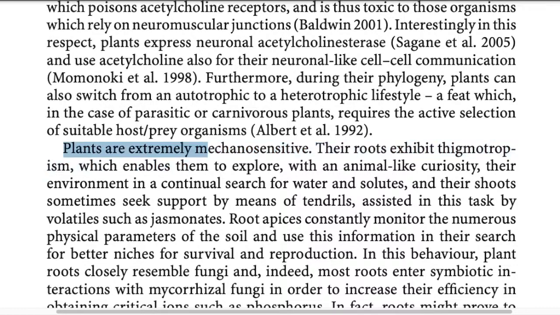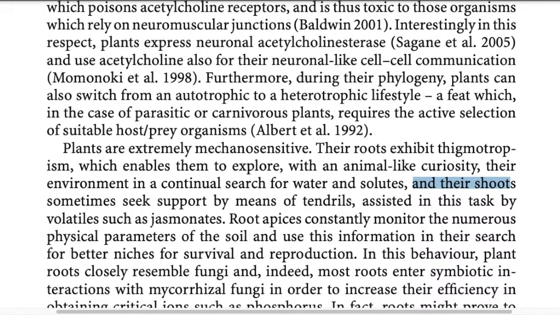So plants are extremely mechanosensitive. Their roots exhibit thigmotropism, okay, whatever that is, which enables them to explore with an animal-like curiosity their environment in a continual search for water and solutes. Those are the dissolved nutrients.